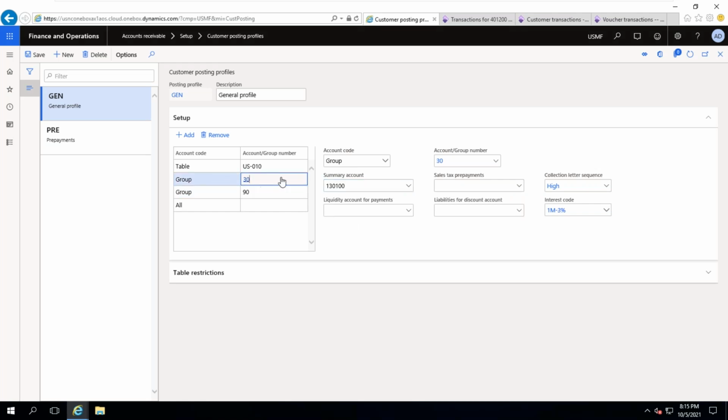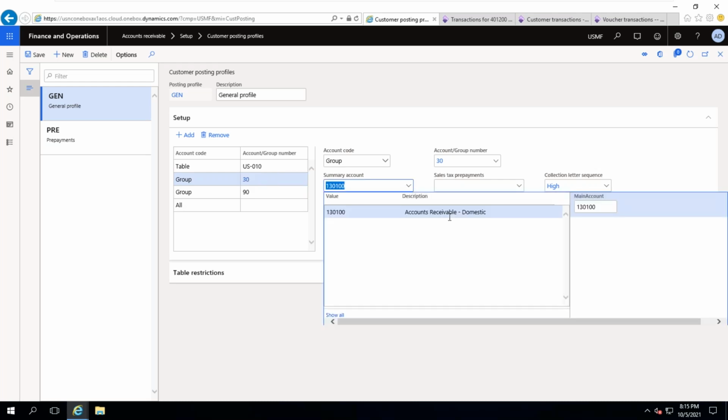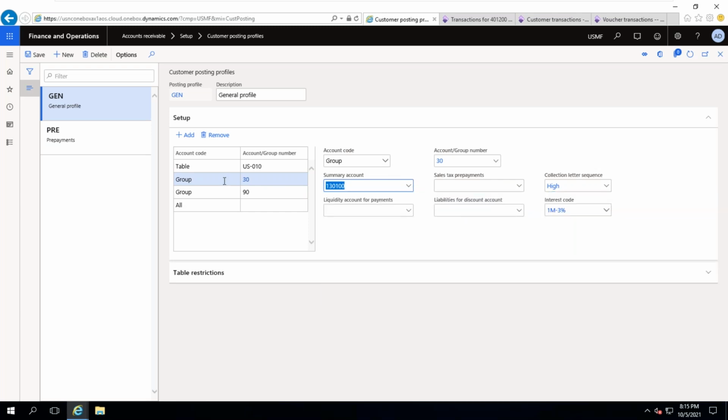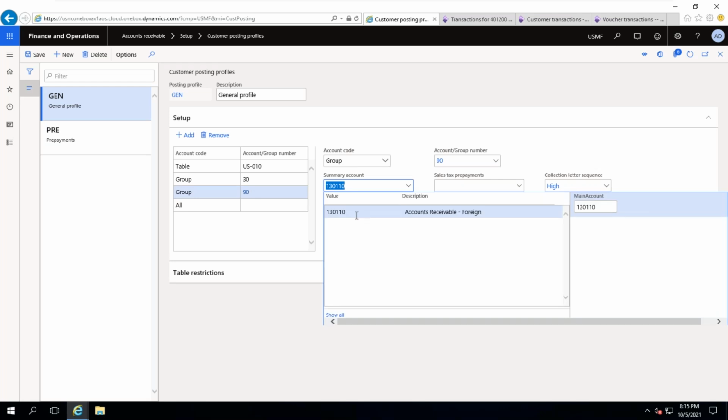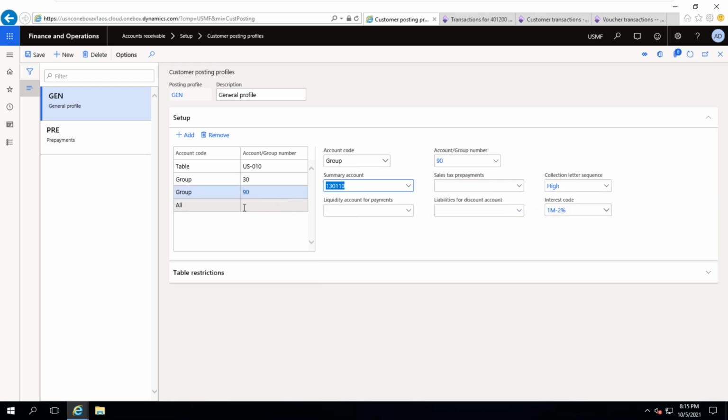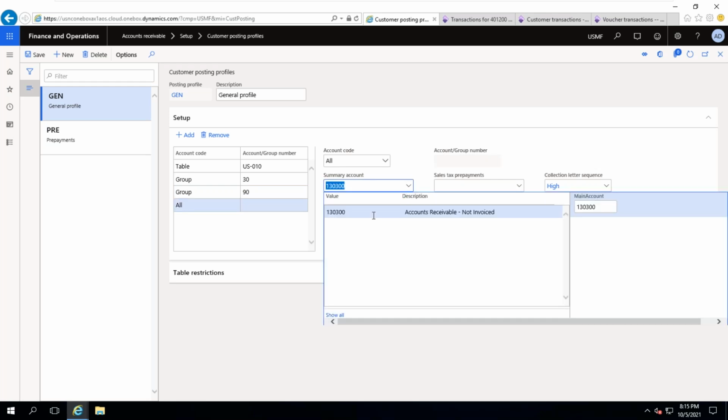For 130-300, like a 30 group, I have mapped domestic. All customer balances will be posted to the domestic account for 30. And this is another group, foreign customers, suppose. All balances will be mapped to this one. And for this one, the remaining all should be mapped to another account, other account. Something I have taken.